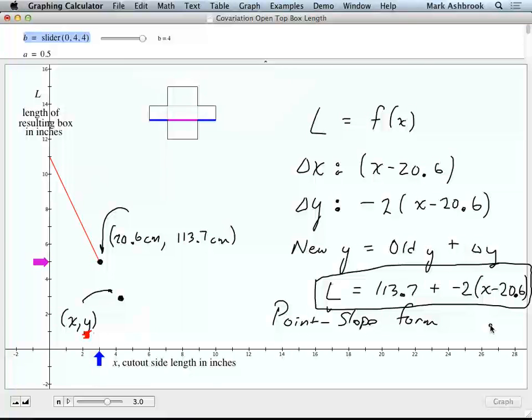All right, and we know what everything means, right? Change in x, change in y, starting value of y. Anybody have a question?